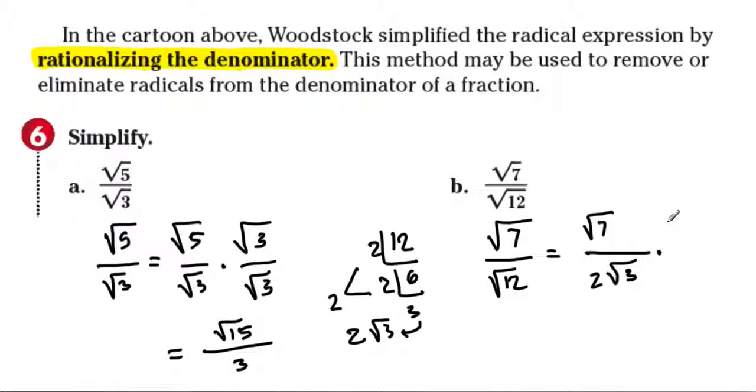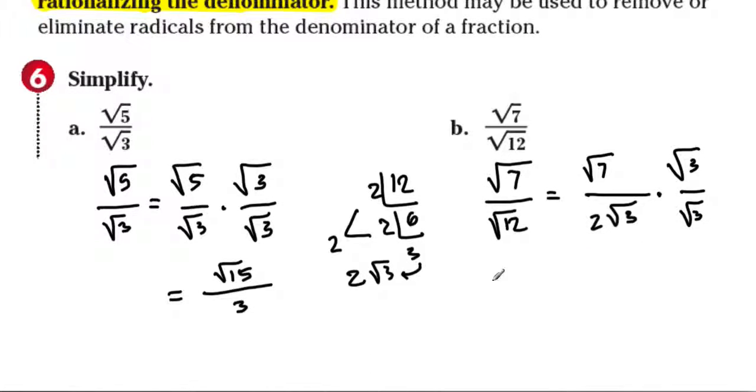Again, we multiply it by 1, which is radical 3 all over radical 3. Okay, so from there we now have radical 7 times radical 3 all over 2 times radical 3 times radical 3 is 3. So this is radical 21 all over 6.